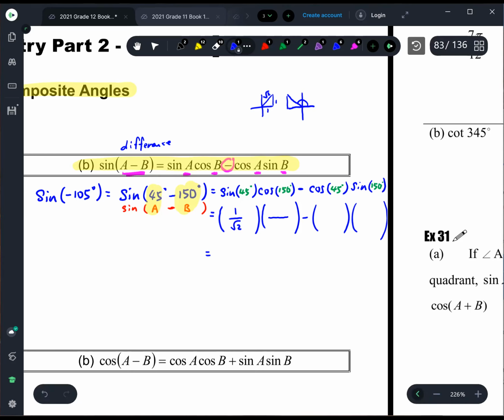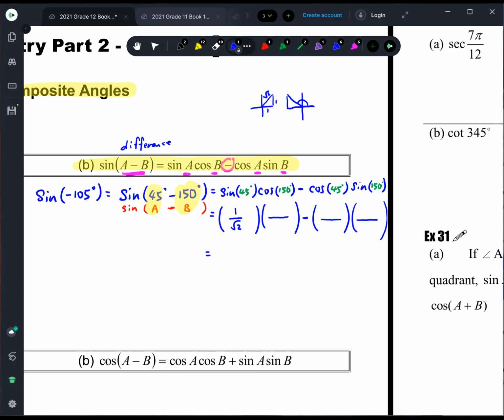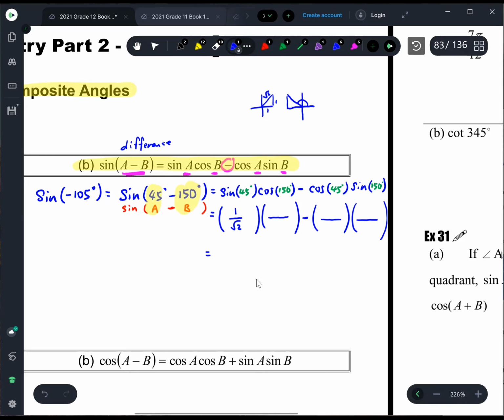Each of the ratio is a fraction, right? Please raise your hand if you found all the exact values here.